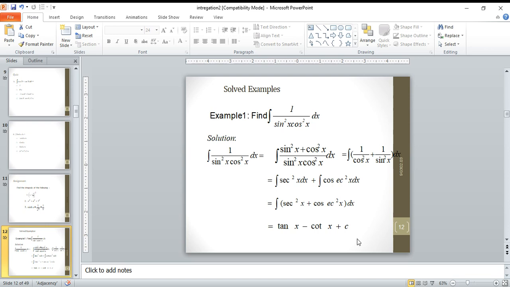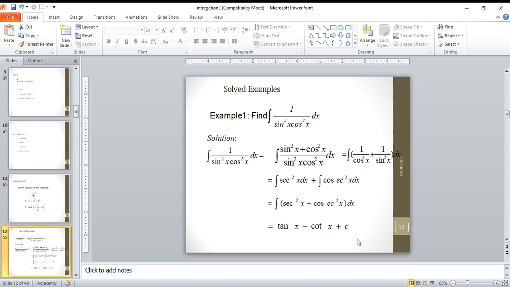This is a somewhat complicated problem, but not highly complicated. We don't have a direct formula for 1 by sin square x cos square x, but according to 10th class, sin square theta plus cos square theta equals 1. So 1 equals sin square x plus cos square x, divided by sin square x cos square x. Dividing each term, sin square x by sin square x cos square x cancels to 1 by cos square x, plus cos square x by sin square x cos square x cancels to 1 by sin square x.